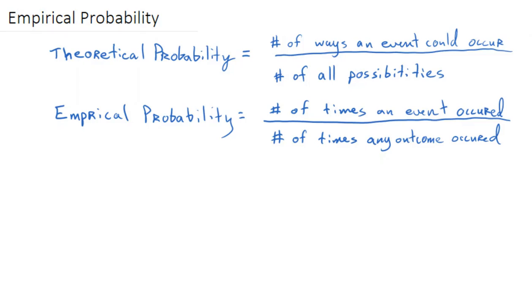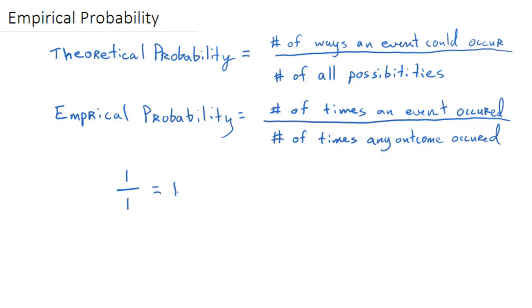If I flip a coin once, and this is an exaggerated example, but if I flip a coin once and get a heads, then if I'm wanting the empirical probability of getting a heads based on flipping a coin once and getting a head, then the event occurred once out of one outcome, or 1. So it'd be 100%. Okay, now that's a bit exaggerated because you're not really getting a true sense of things just by doing something once.